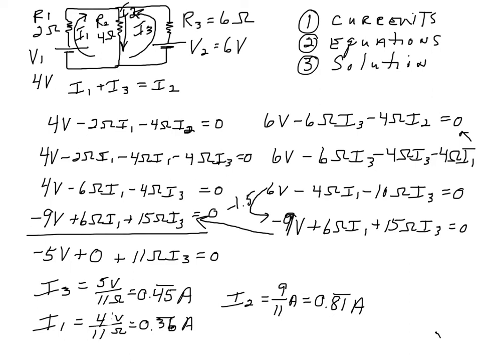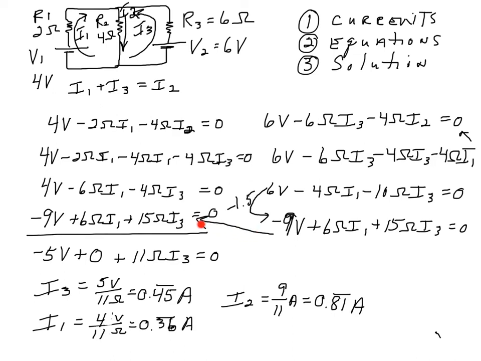Then I use this method to solve the equations. I want one of the terms to cancel, so I look at this as 6I1 and this is 4I1. So if I multiply this equation through by a negative 1.5, the 6 becomes a negative 9, the negative 4 times negative 1.5 becomes a 6, and the 10 times 1.5 becomes a positive 15.